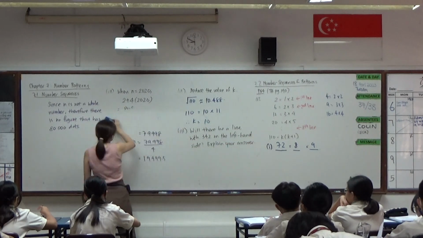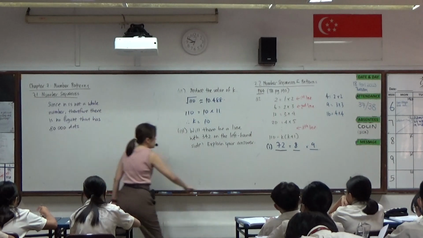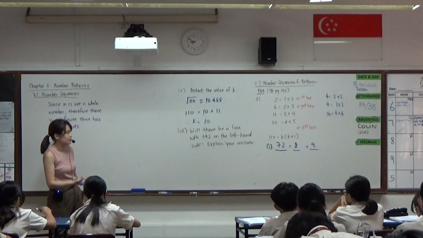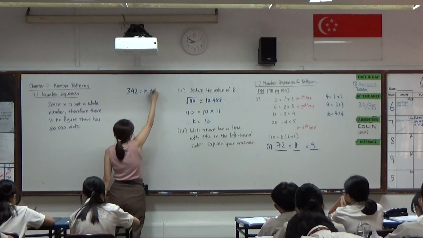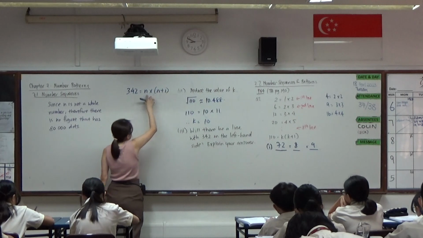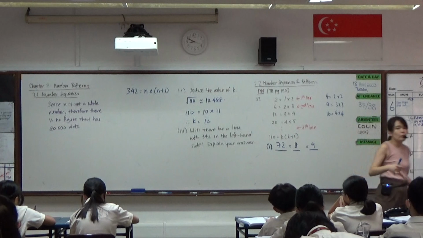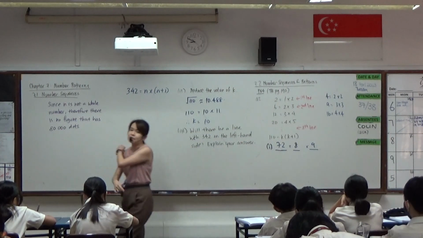The question is asking whether 342 will ever appear. It is also not feasible for us to do trial and error. Even if you write 342 equals some number n times (n plus 1), at this juncture we don't have the skill to actually solve this kind of equation.